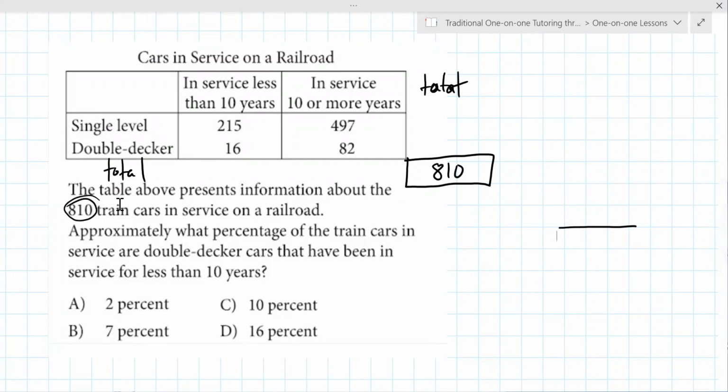So how many cars are in service? 810. Okay. Now we want the number of cars that are double decker that are less than 10 years.